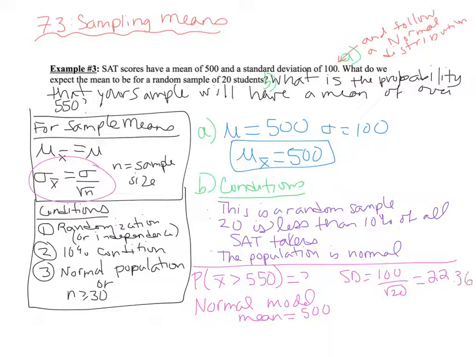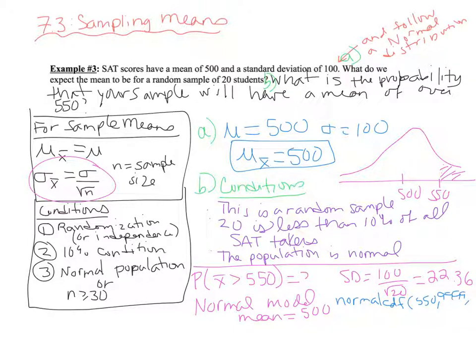That is going to give us 22.36. The last thing we need to do, and I'm running out of room here, is to draw my normal model up top. We are going to use a normal model centered at 500, and we're going to find the probability of being more than 550. You can do it on your calculator: normal CDF of 550 to any big number after 550.